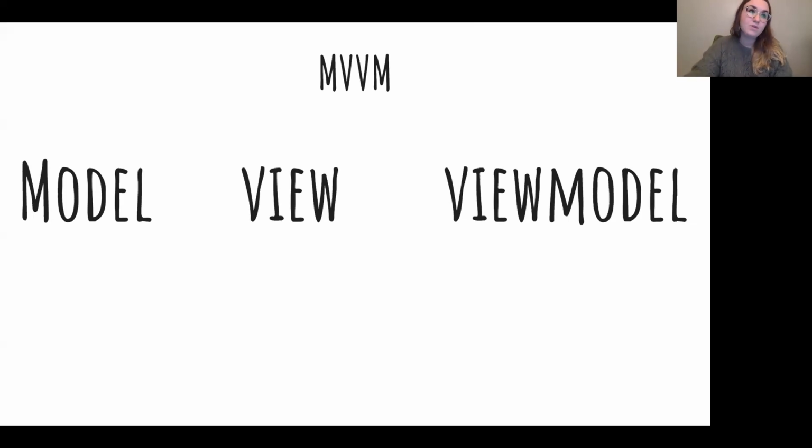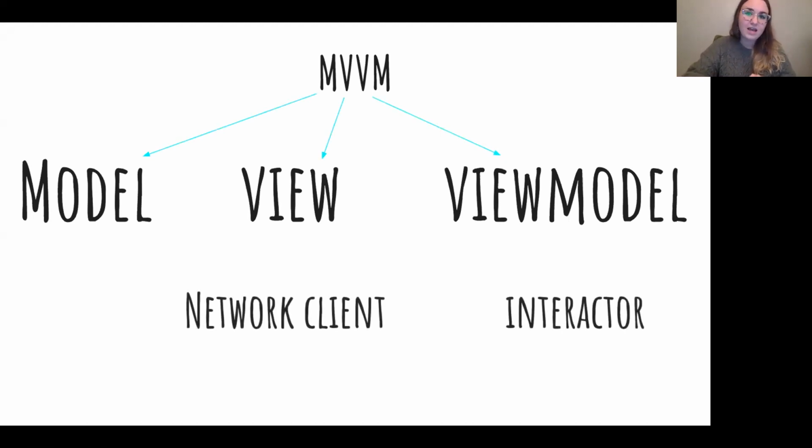And then finally, a view model is where you hold all your logic. Mobile right now, it's really important to separate out your logic from your views. And so the view model is where you connect your models to your view and do any kind of manipulation or logic to display it the way that you want. So in this particular app, we are going to have a network client and an interactor because we're going to do some network calls to pull from that REST API.